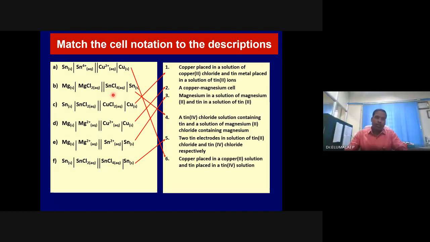So seeing this cell notation, one can see what is anode, electrode, what is cathode, etc. Not just for any electrochemical cell, even for any battery system, one can write such cell notation, including lithium ion battery, metal hydride battery, zinc carbon battery, nickel cadmium battery, zinc silver oxide battery, any battery. Not only write, when you have been given, you will be able to identify the components.